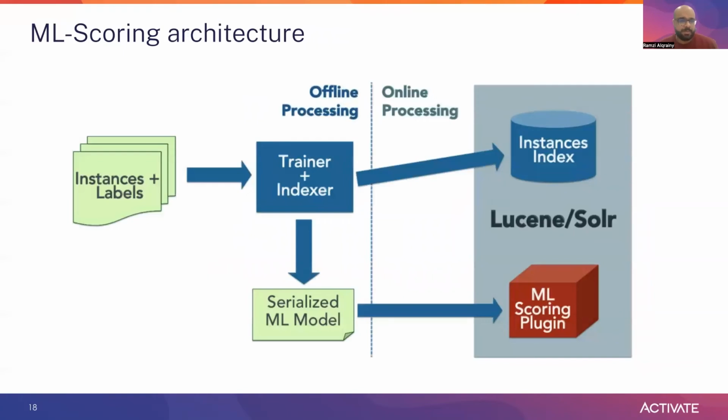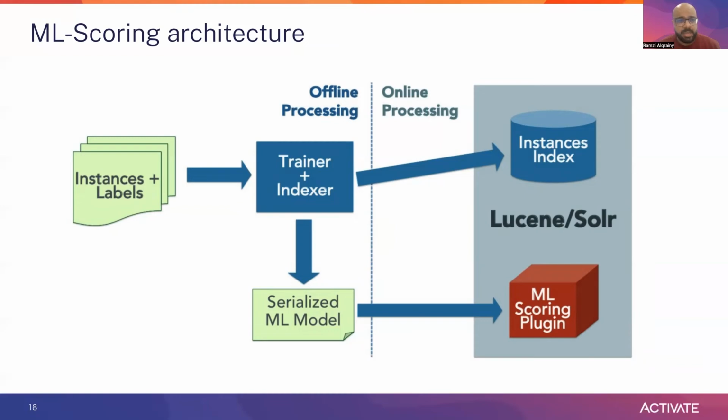Combined together, we have this utilized model that we trained earlier, and then we can put it in the plugin. So effectively in search, we're going to do phase 2 of ranking, the re-ranking, together in it.